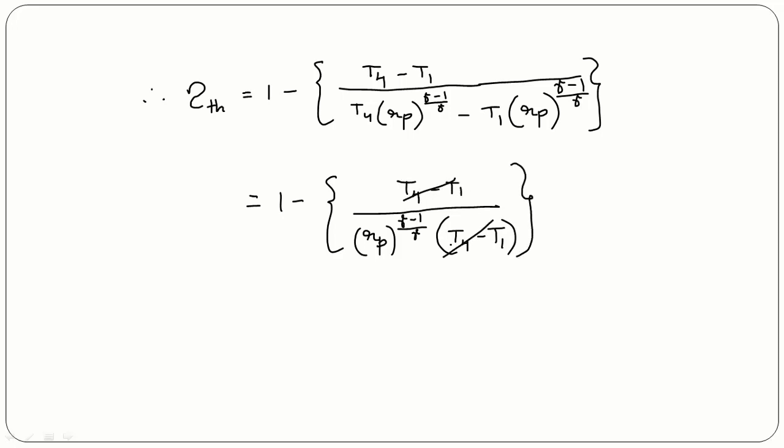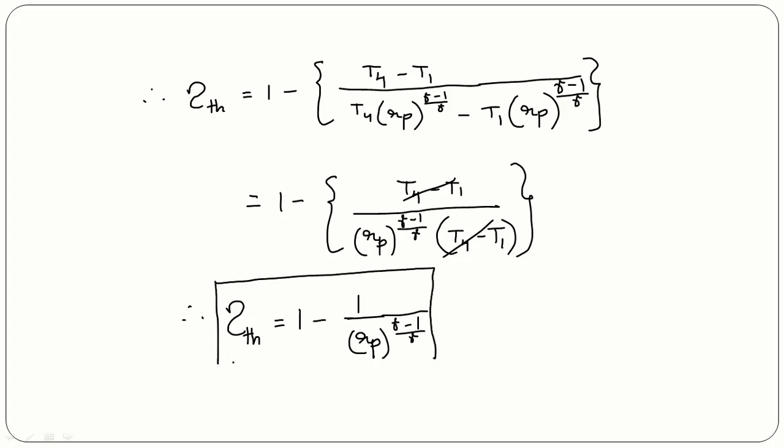Now these two will get cancelled, so therefore the thermal efficiency will be 1 minus 1 by Rp to the power gamma minus 1 by gamma. So this is the thermal efficiency of the Brayton cycle in terms of pressure ratio.